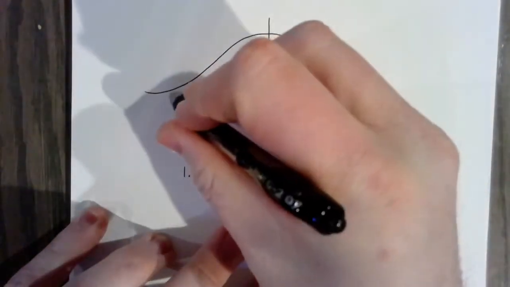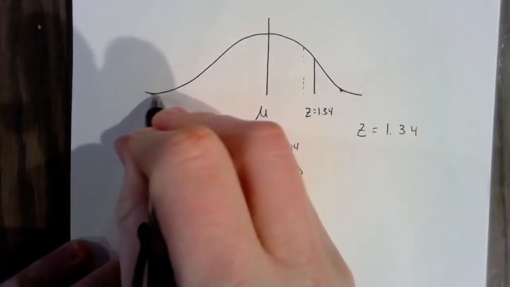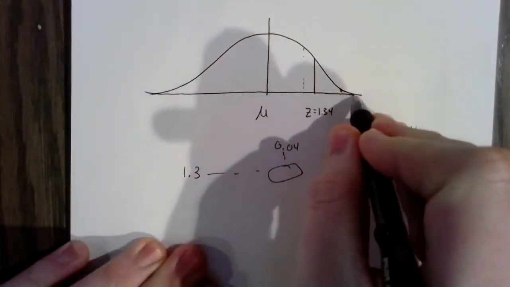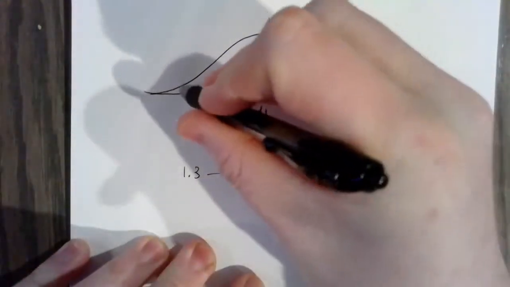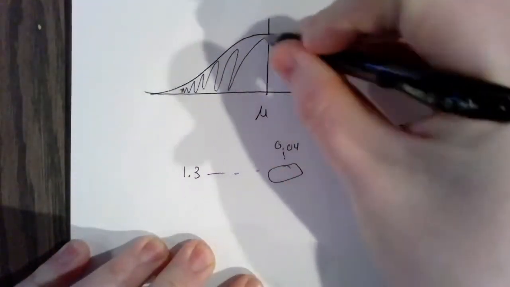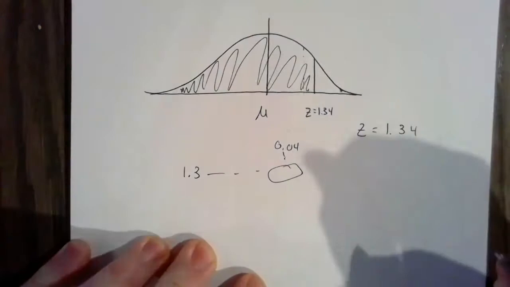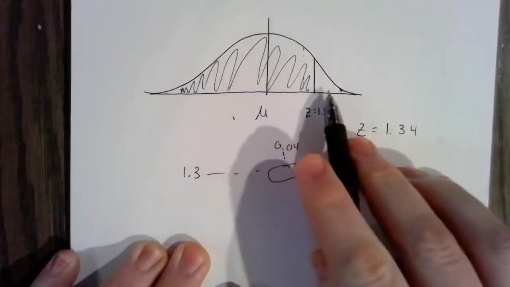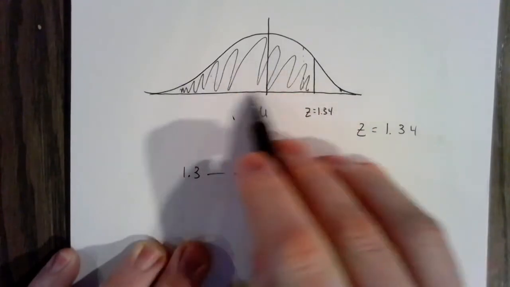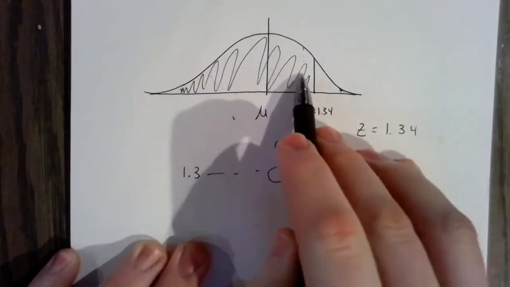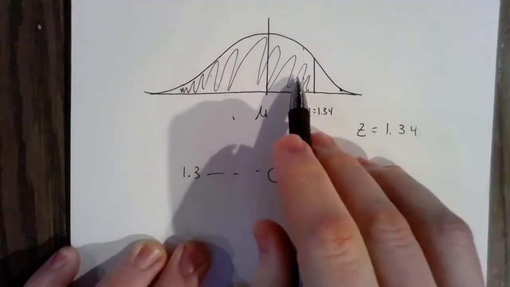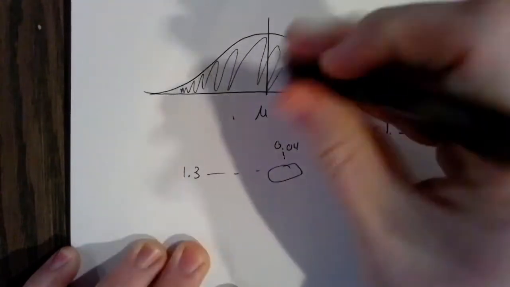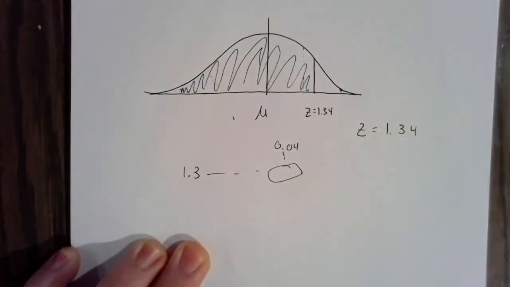It represents the area underneath the curve to the left. So all of this space is that percentile. If this curve is 100%, or one whole, this shaded area is the percent to the left. So a percentile is just the percent to the left.